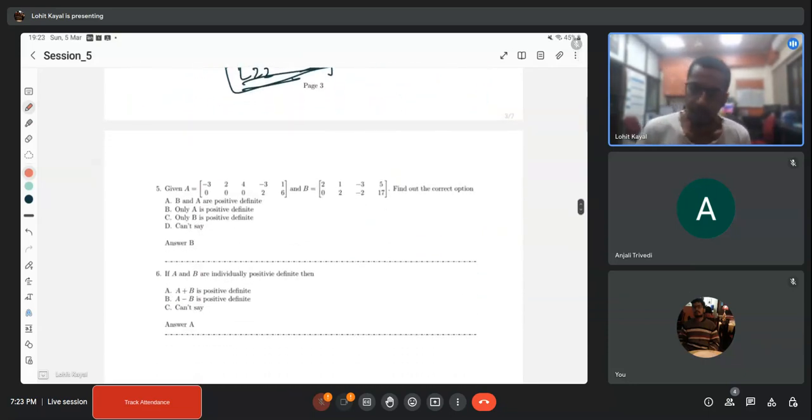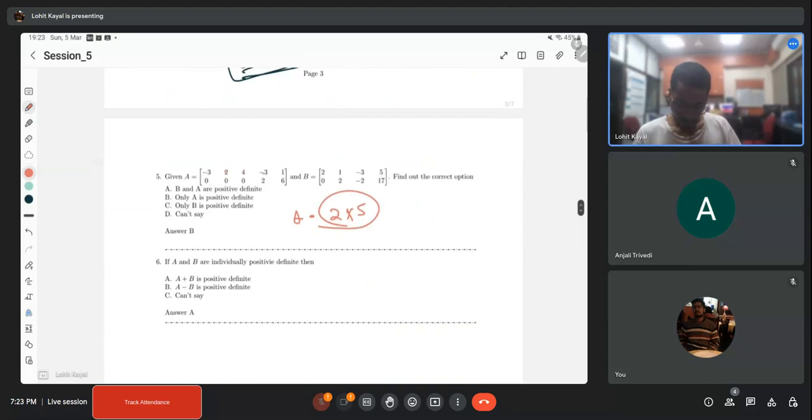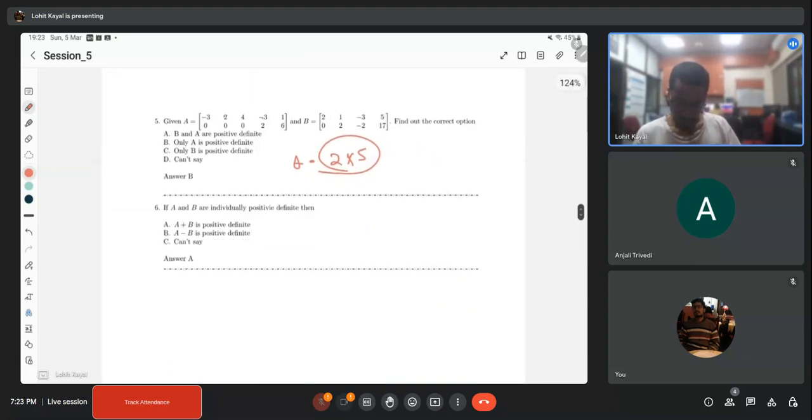Now, again a problem on positive semi-definite matrices. These are two matrices, A and B. Here A is a 2 cross 5 matrix, and B is a 2 cross 4 matrix.